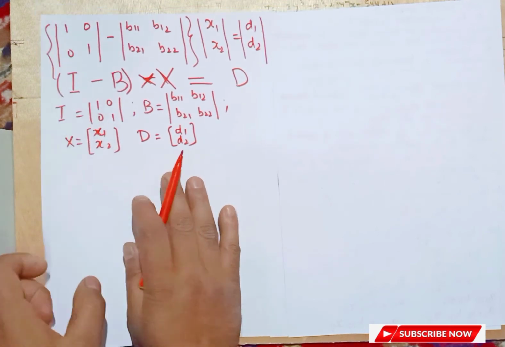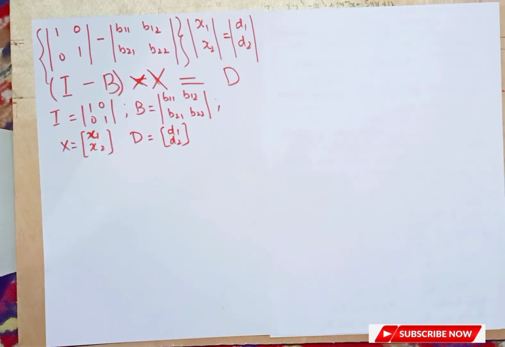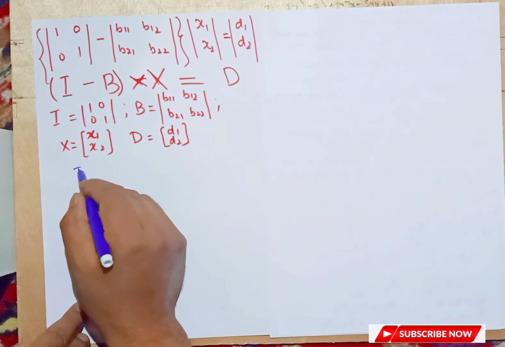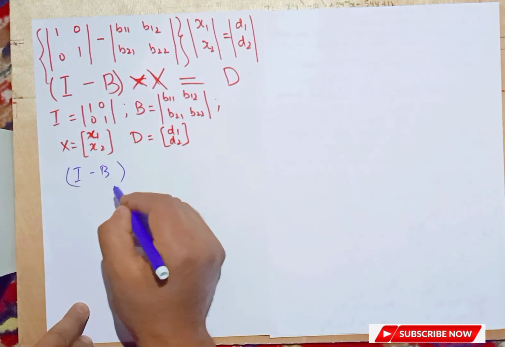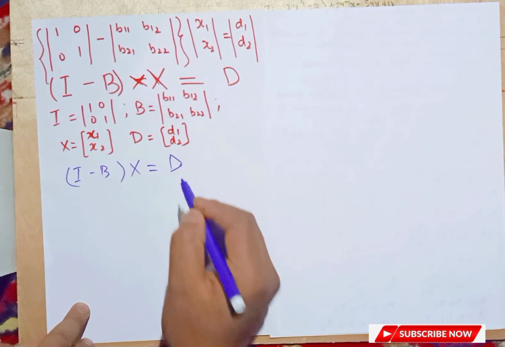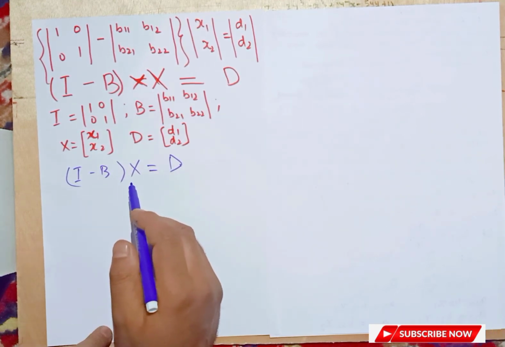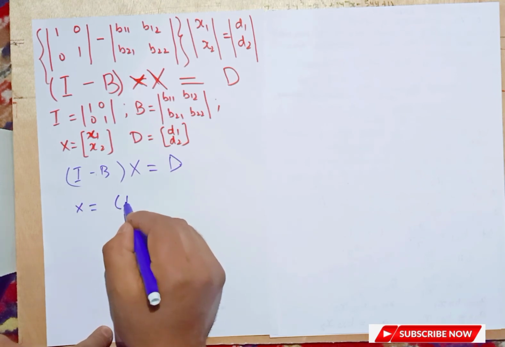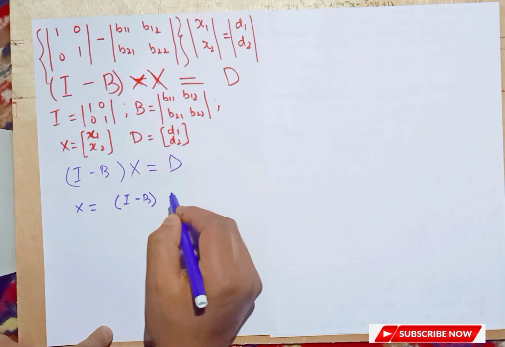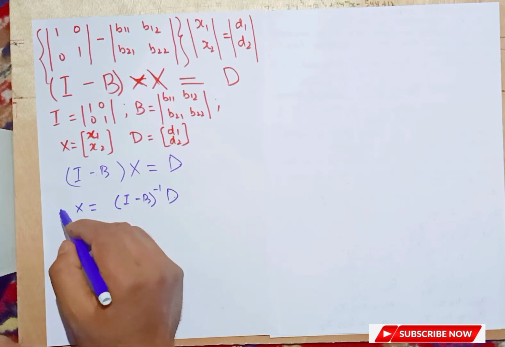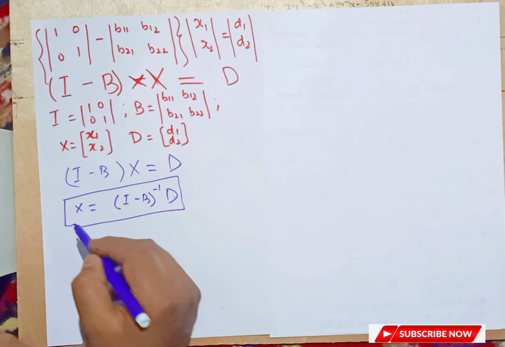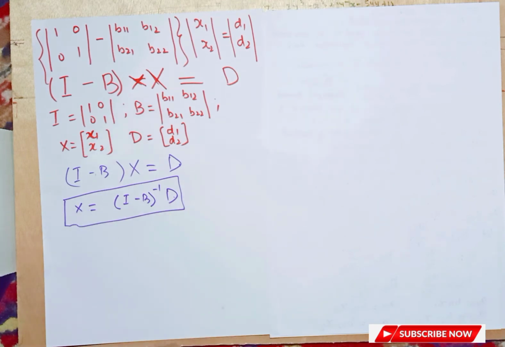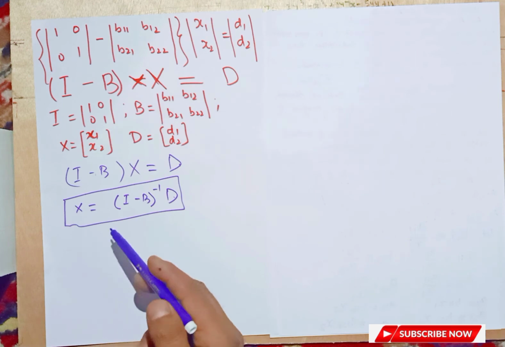We are given the equation I minus B times x is equal to D. I can write it as x is equal to I minus B inverse D. Now to get the required output, we use this relation.